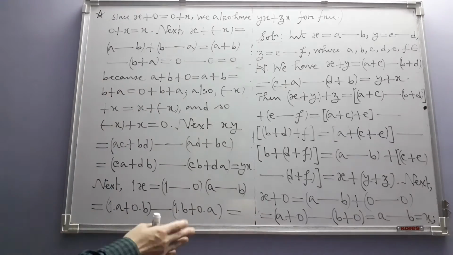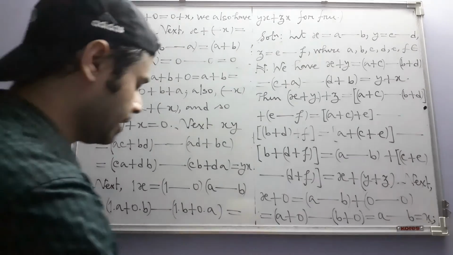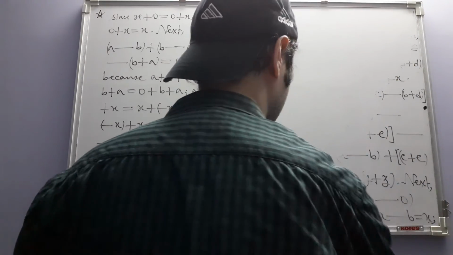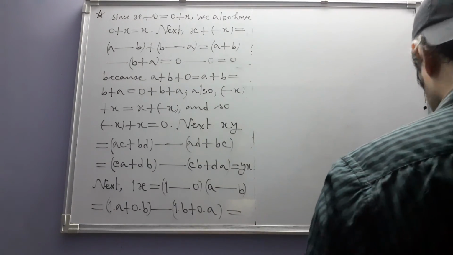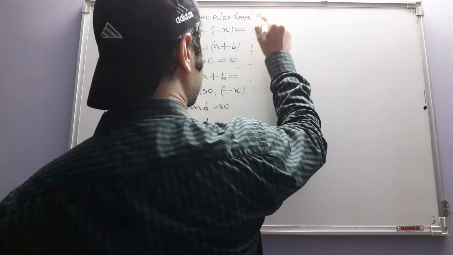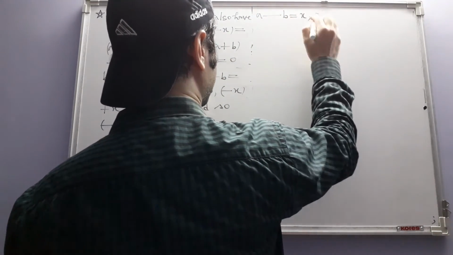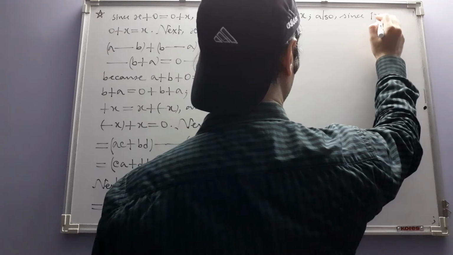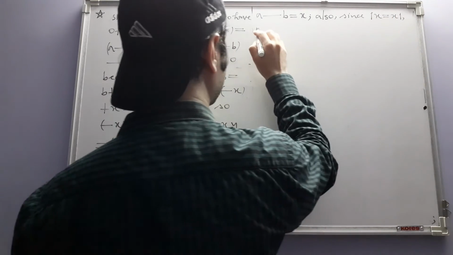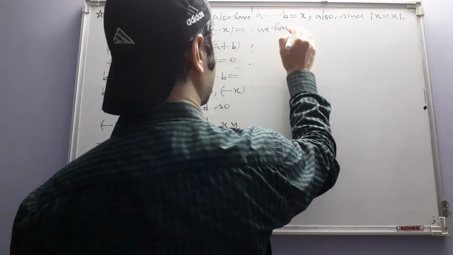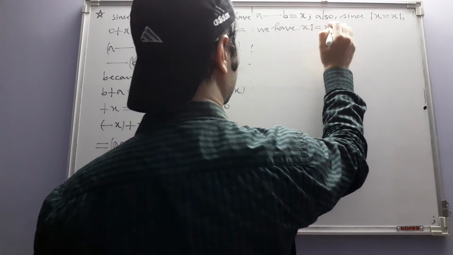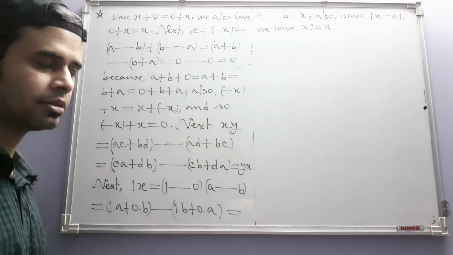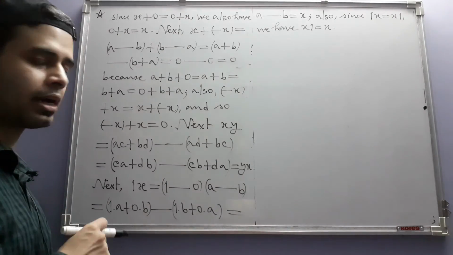So this is again nothing but a dash b, which is equal to x. Also, since 1x is equal to x1, we have x1 equal to x. One more thing left, actually two more things left, the distributive laws, but if we get one of them, then the other one we get for free.